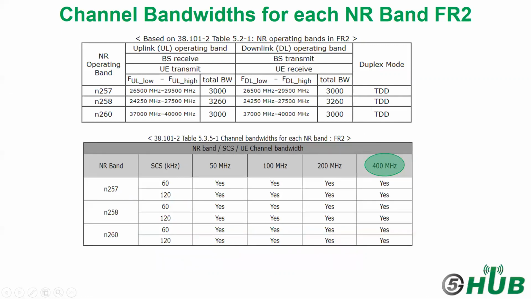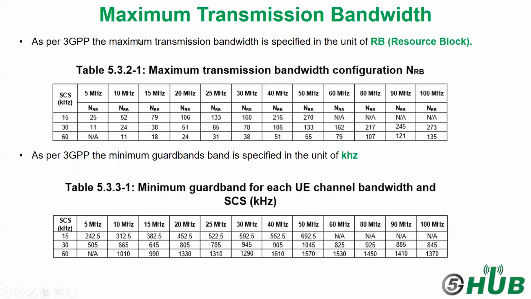Okay, now the question is, what is the maximum transmission bandwidth and how can we calculate the number of resource blocks for each band? For example, here the maximum, as per 3GPP, the maximum transmission bandwidth will be specified in units of resource blocks. So here in this table of 3GPP, you will find the maximum transmission bandwidth configuration in number of resource blocks.